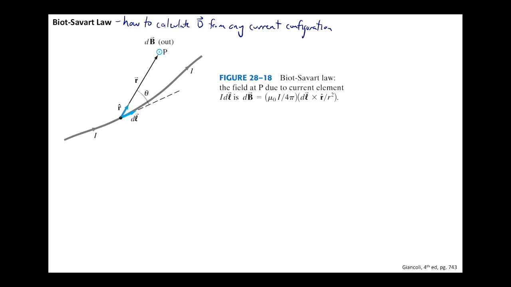So here's the thing. Let me just start by writing the Biot-Savart law, and I'll show you how we're going to use it. We can say that a little bit of the magnetic field is equal to this thing, mu naught I over 4 pi times dl cross r hat over r squared.